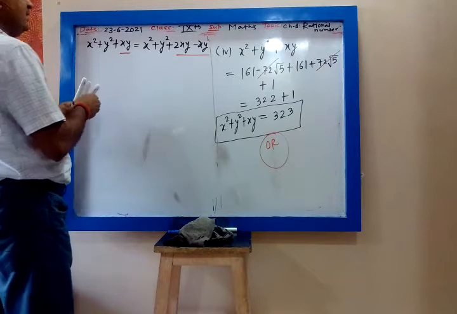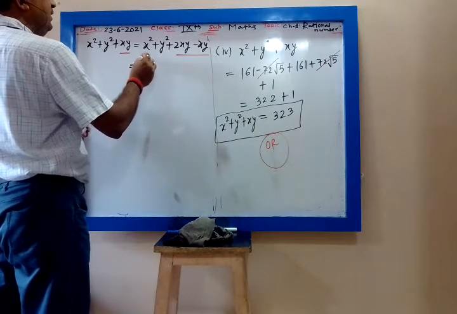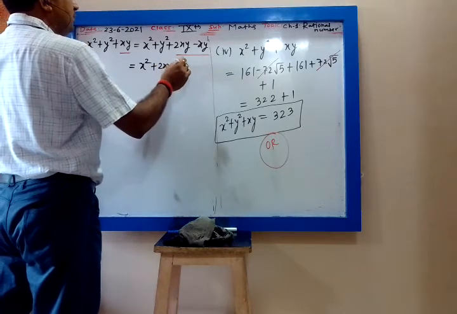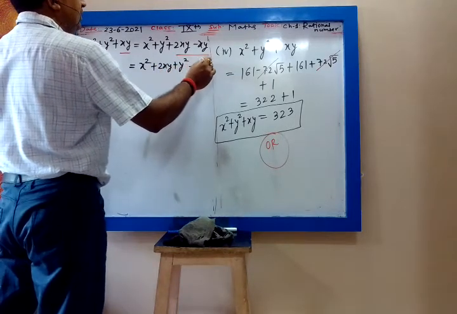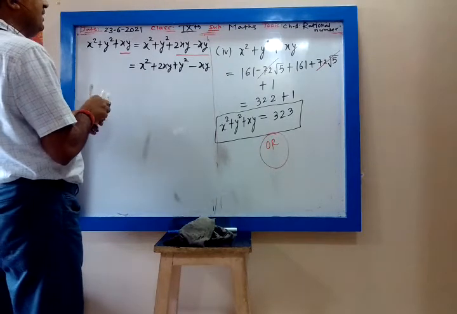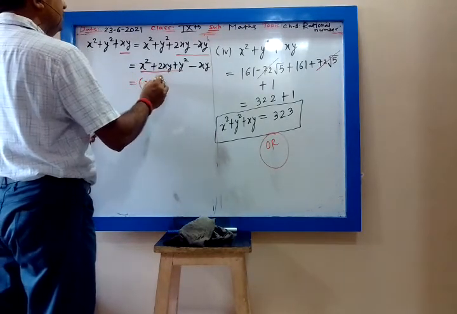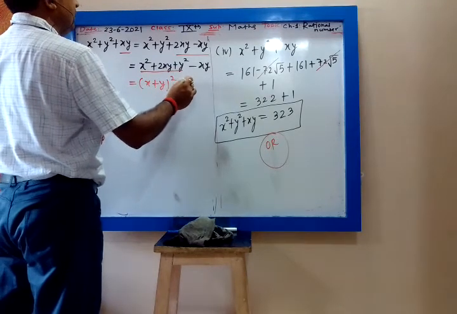Then this is nothing but x square plus 2xy plus y square, minus xy. We rewrite. This is nothing but (x plus y) whole square. So this is (x plus y) whole square minus xy.